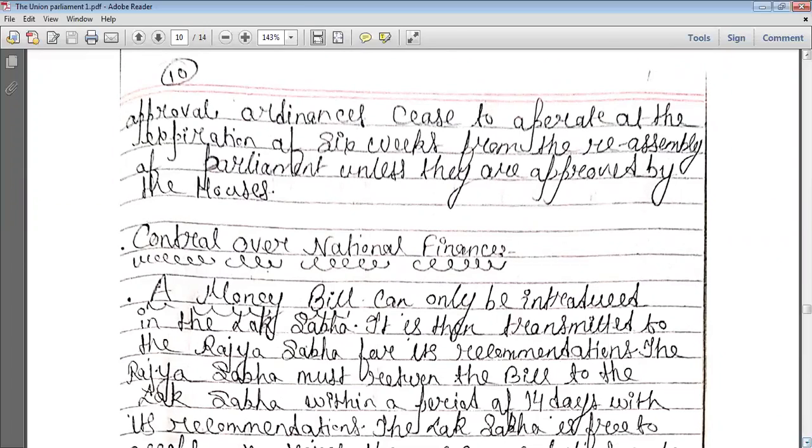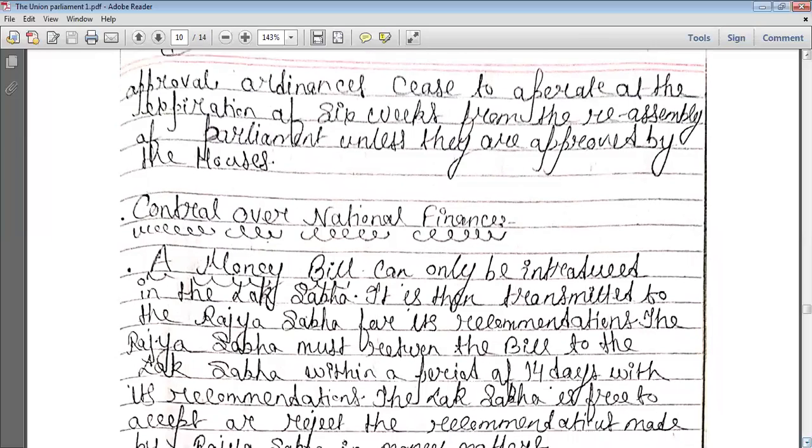If the Lok Sabha doesn't approve the ordinance, the unparliamentary law, then that is declared null and void. Ordinances cease to operate at the expiration of 6 weeks from the reassembly of the parliament. So ordinances don't operate whenever the 6 weeks expire and that was not approved by the houses.